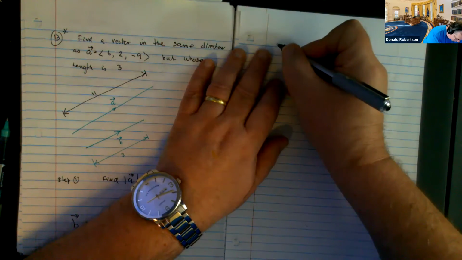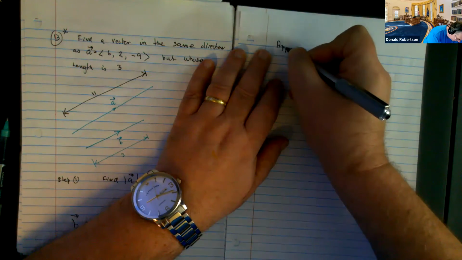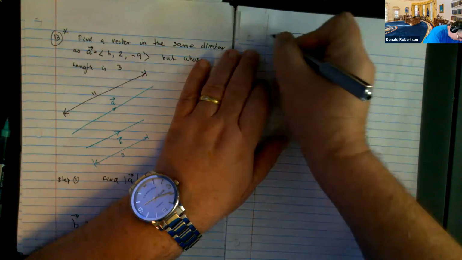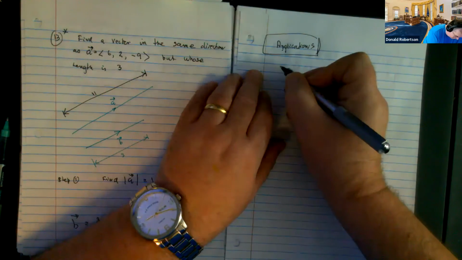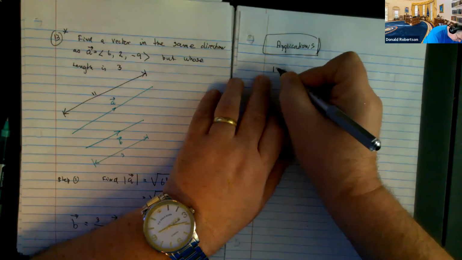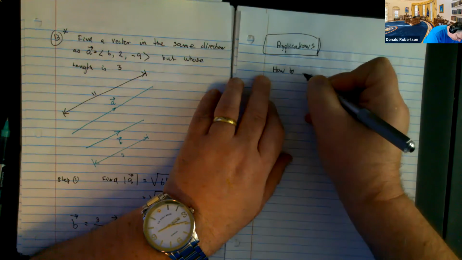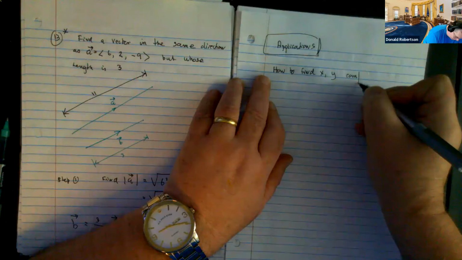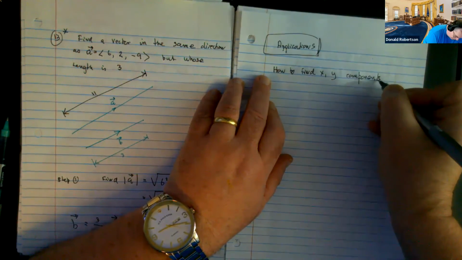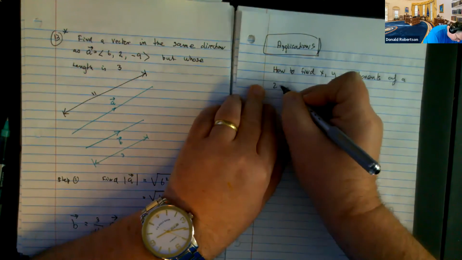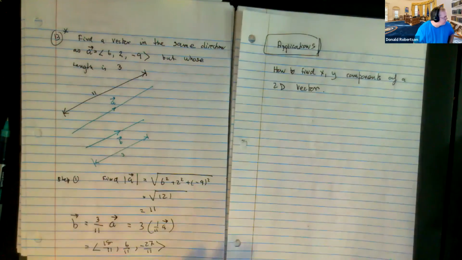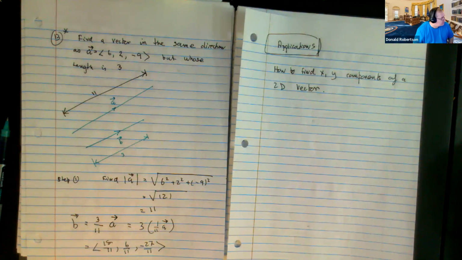The next kind of questions we're going to look at are applications. And to be able to do these applications, we need to know how to find the X and Y components of a 2-dimensional vector. So what we're about to do is only going to work for 2-dimensional vectors.